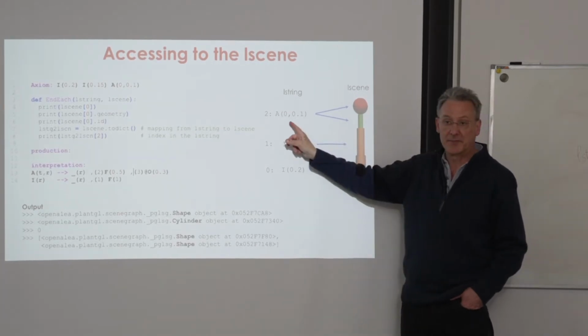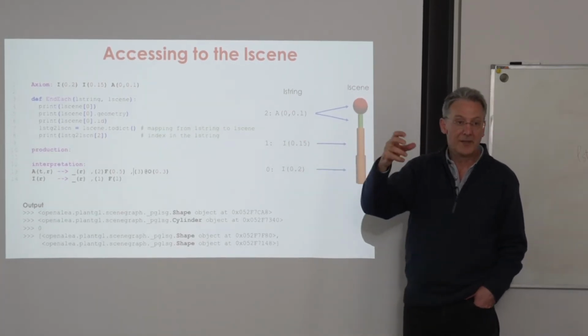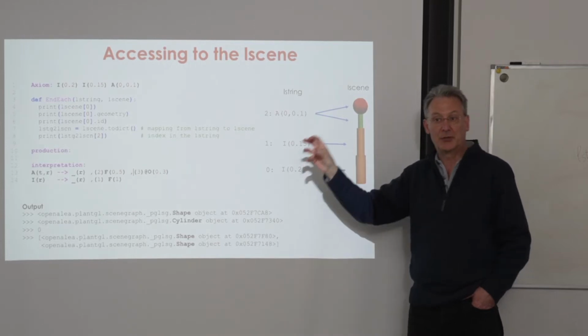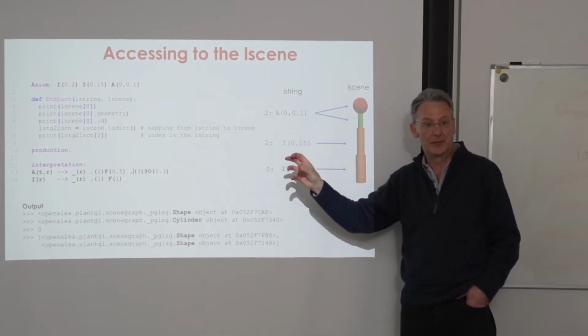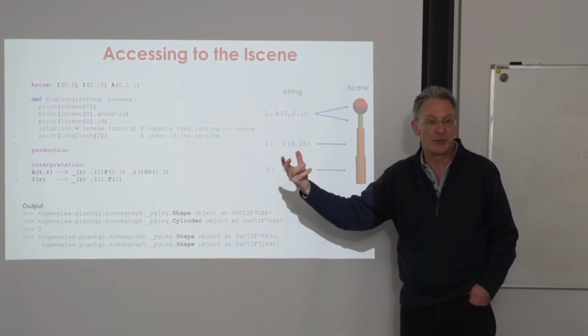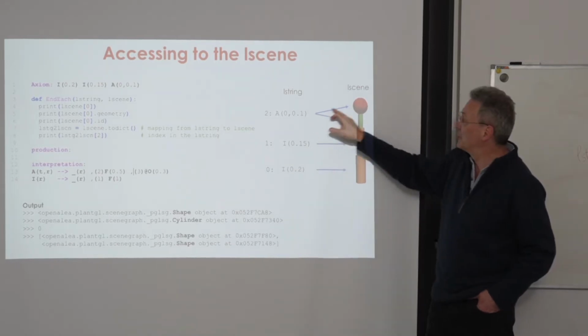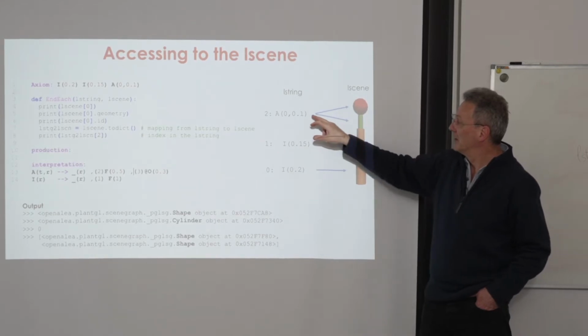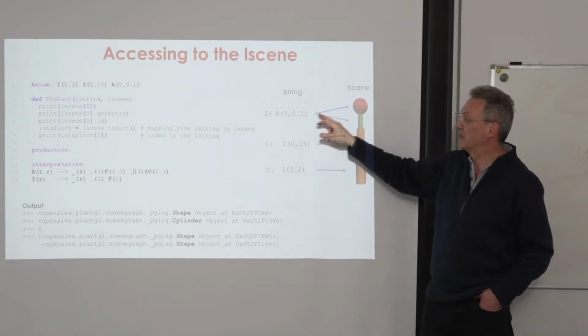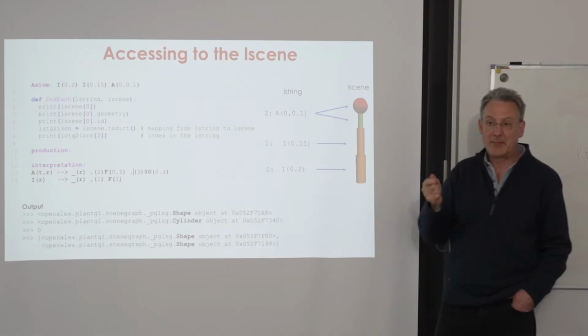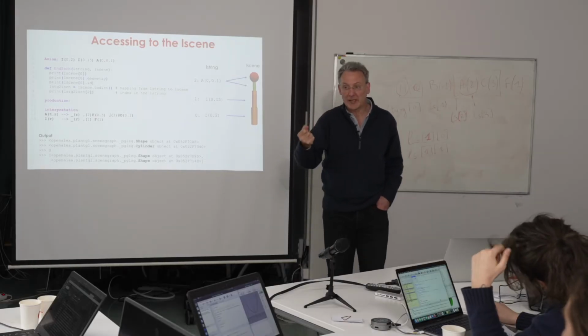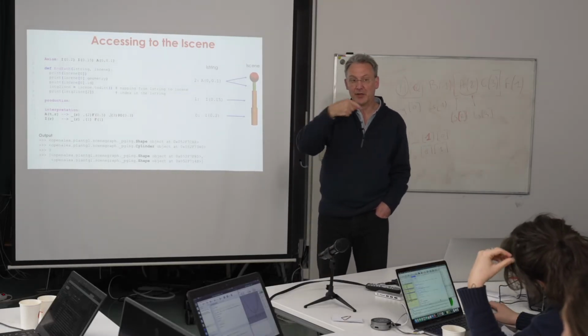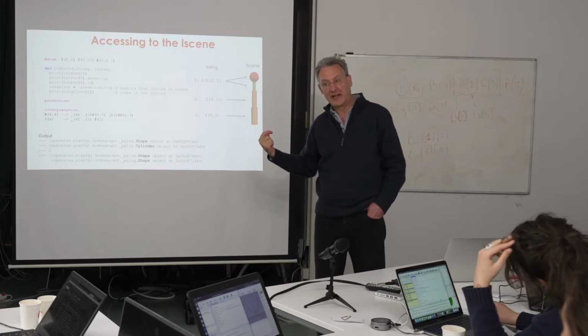And sometimes one single symbol in the lstring might lead to several geometric primitives. So you need to have this mapping to say that the green comes from the A and the red comes from the A. This mapping makes it possible to track the IDs of the lstring from the lscene.